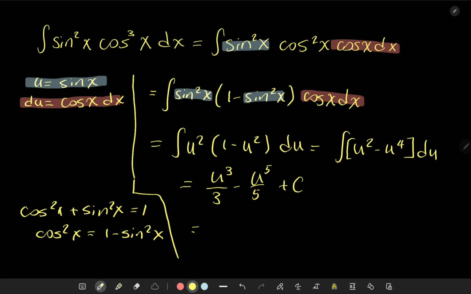And then we just take back our substitution, where we get sine, plus c. And that's my integral right there.